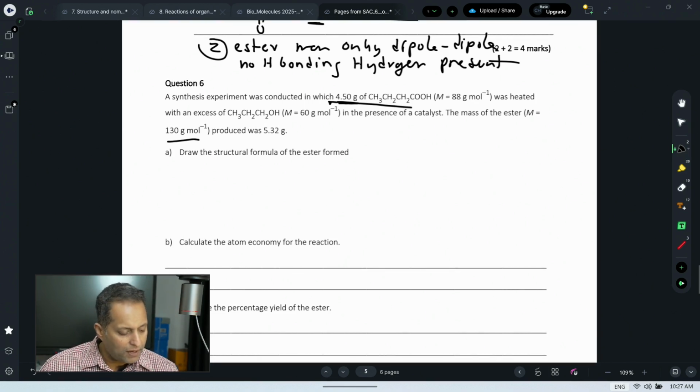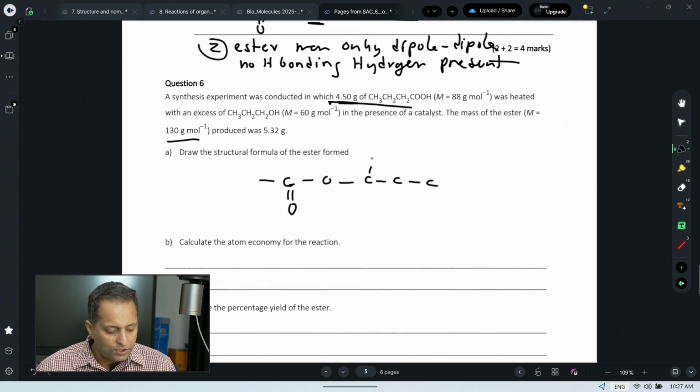Now part A, draw a structural formula of the ester. It is very, very simple. When you want to draw the ester, start with the ester functional group. See the lonely oxygen. Always remember, lonely oxygen drinks alone. In other words, that oxygen belongs to the alcohol the ester is made up of. So the alcohol is propanol, so we need 3 carbons here.